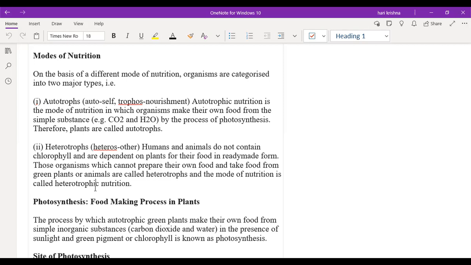Energy plus 6H2O plus 6CO2, in the presence of sunlight, photosynthesis gives C6H12O6 plus 6O2.